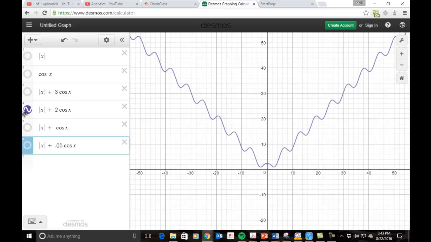And now let's lower the coefficient of the cosine function even more. So now we're going to reduce the function to absolute value of x plus just 1 times cosine x. In essence now, this is equal parts absolute value of x and equal parts cosine of x. And the composite function looks even less like the cosine of x.